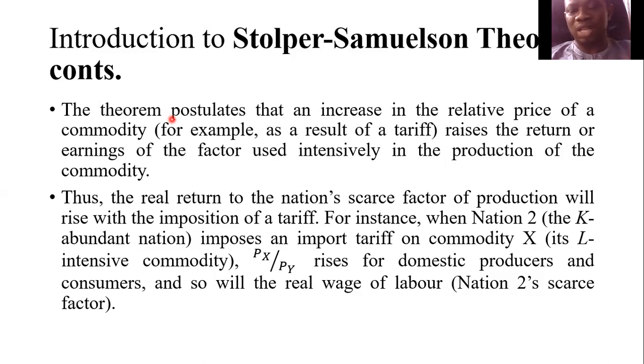That suggests that the imposition of tariffs can scale production towards the commodity that the country is not naturally inclined to produce, at the expense of the other commodity, which uses intensively the factor that the country is endowed with.